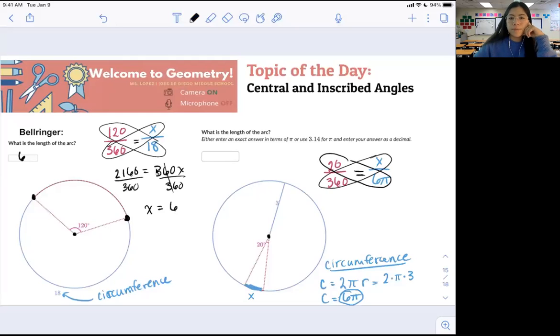So what do I get here? Sorry, 120 pi, oh my goodness. 120 pi equals 360x. Don't make that mistake. All right, now what?